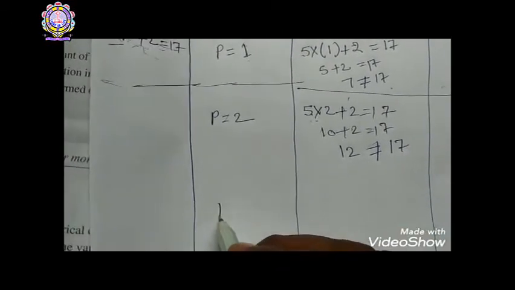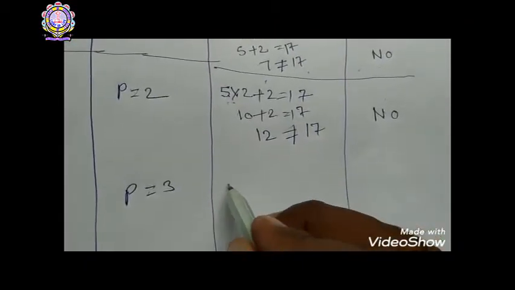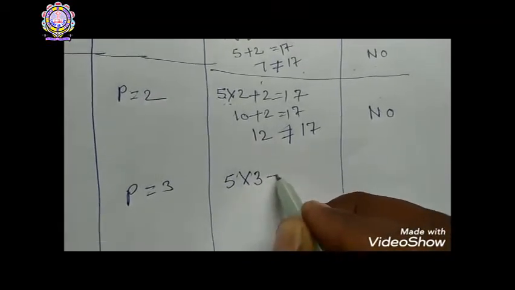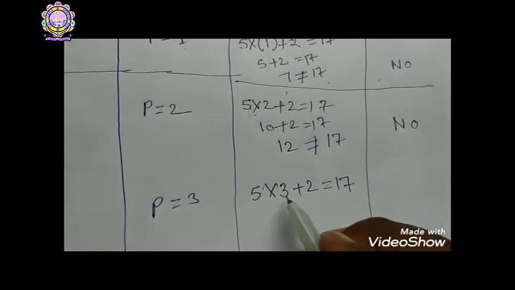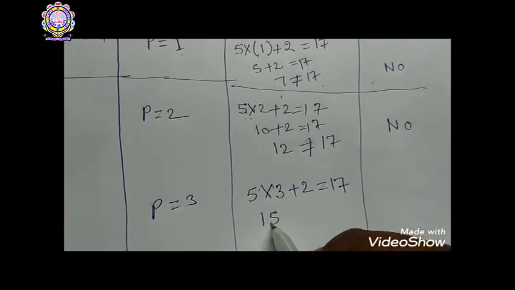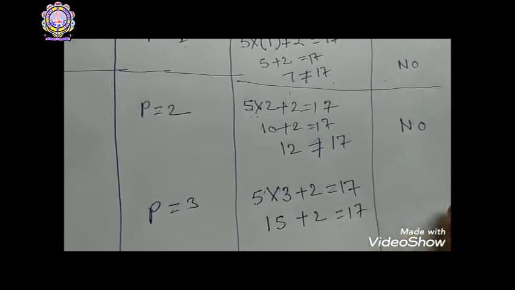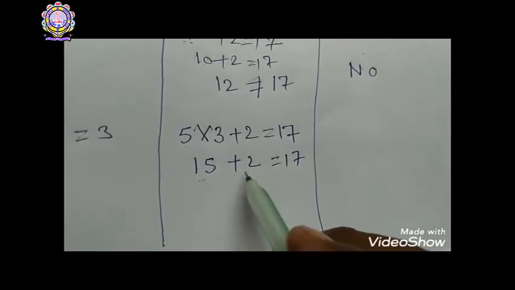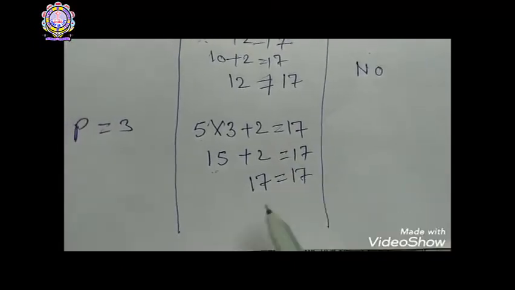Next, write p is equal to 3 and now substituting the value: 5 into 3 plus 2 is equal to 17. 5 threes are 15, plus 2 is equal to 17. So what are you observing here? 15 plus 2, that is 17, is equal to 17.